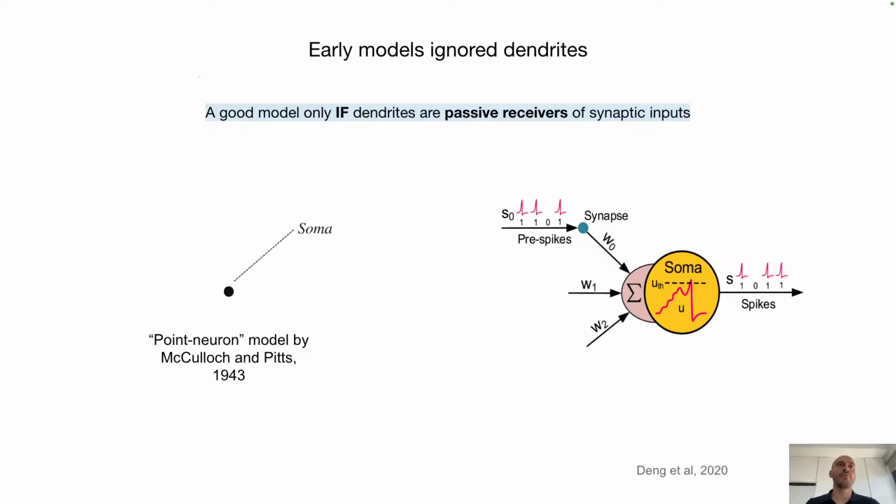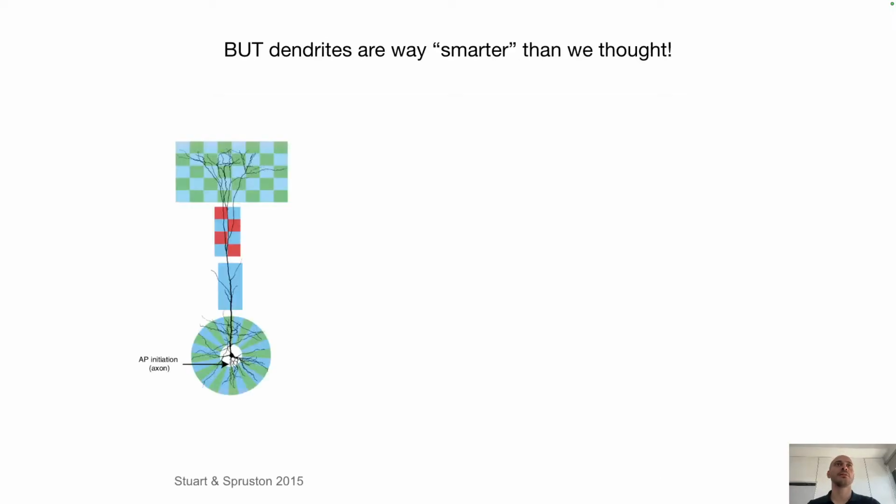It's not a bad model, provided that dendrites are just passive receivers of synaptic inputs. In other words, if dendrites don't contribute much to input processing, a simple point neuron model is sufficient to develop a network that captures correct behavior, let's say. However, dendrites are way smarter than we initially thought.